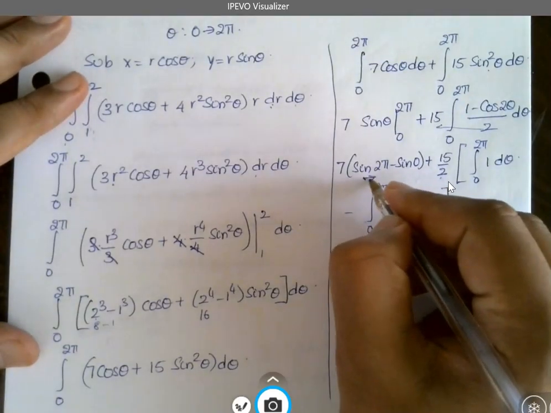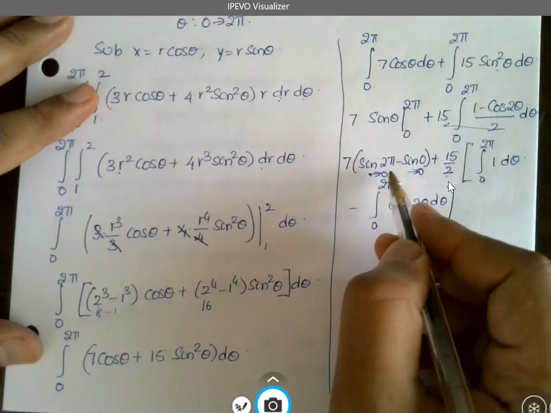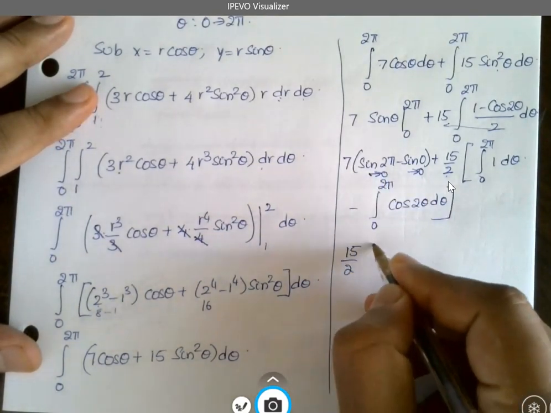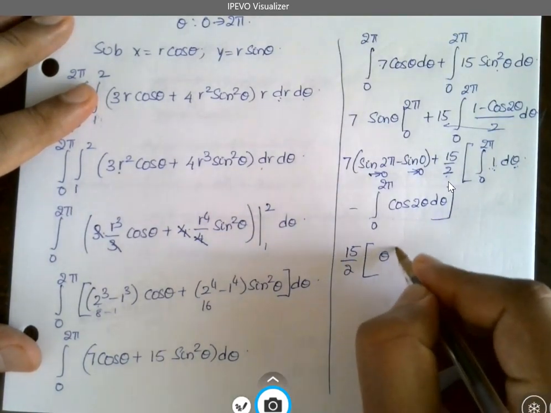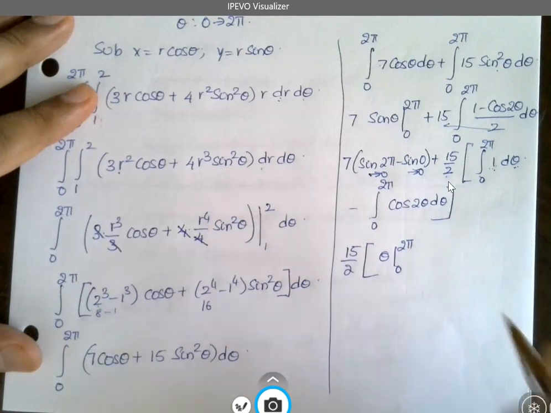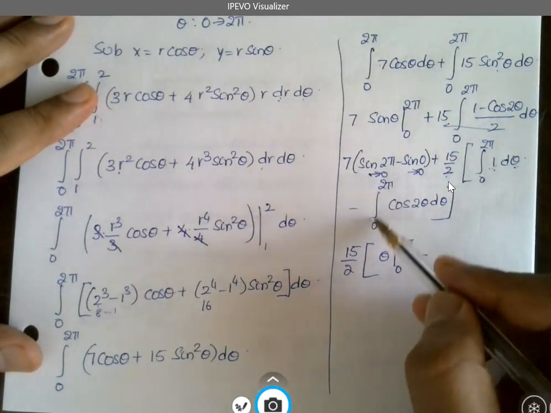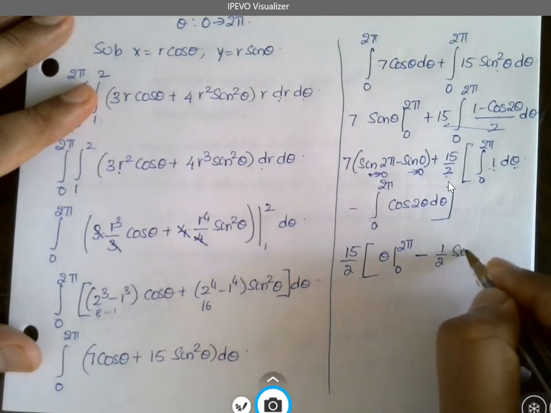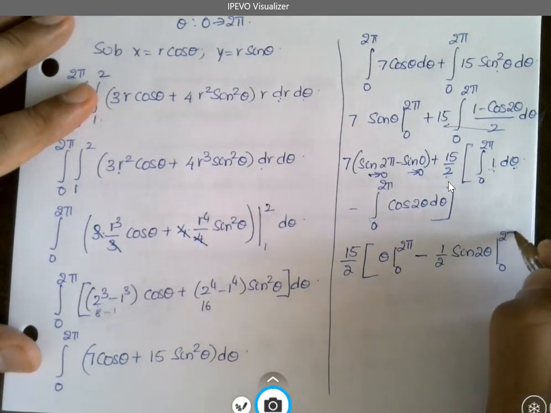Sine 2 pi is 0, sine 0 is 0, so that entire term goes to 0, and 7 times 0 is 0. So you're left with 15 over 2 times the integral of 1 d theta, which is just theta, where your limits of integration are from 0 to 2 pi, minus the integral of cosine 2 theta, which is 1/2 sine 2 theta, again from 0 to 2 pi.